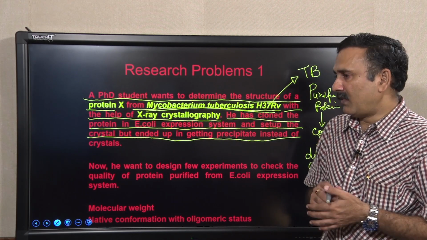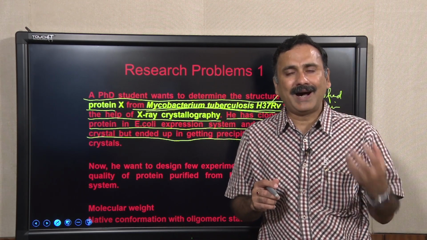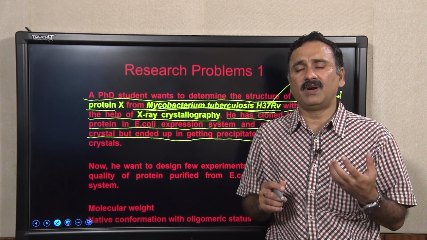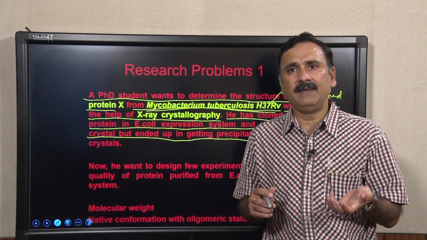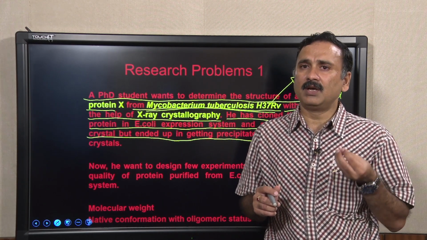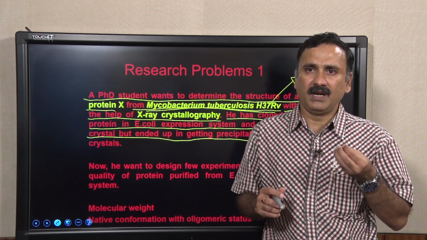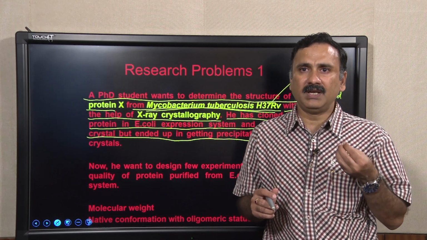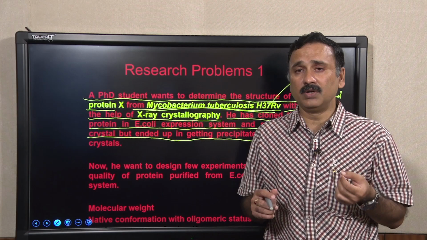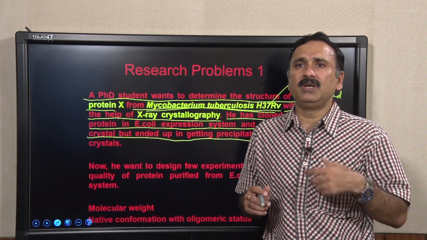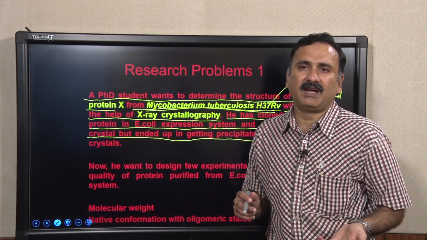Now, the first thing he wants to ask is whether the protein he has purified from E. coli is of good quality, in good native conditions, so that he can then verify the other parameters.